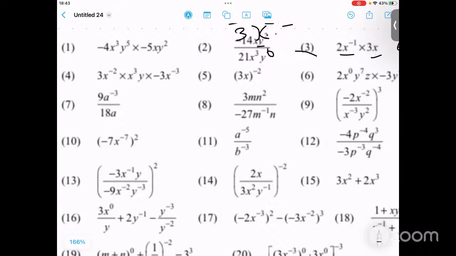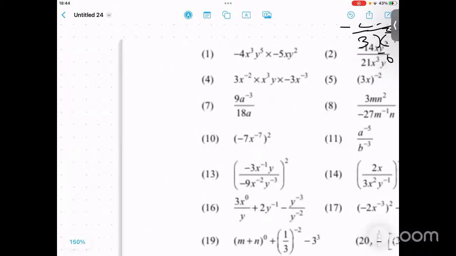I'm going to multiply 3 with an invisible 1, then multiply by -3. After that, it's going to give me -9.